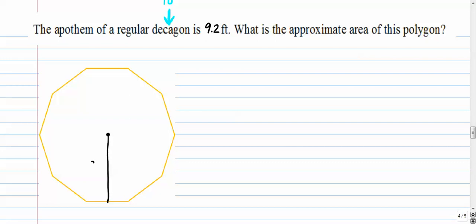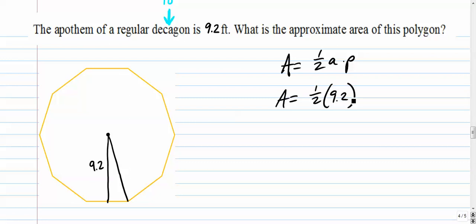That right there is 9.2. And since you know that, then the other task, of course, is to figure out the perimeter, because the formula remains the same. So let's put this in, 1/2 times 9.2 times perimeter, and what is that, 4.6 times perimeter.